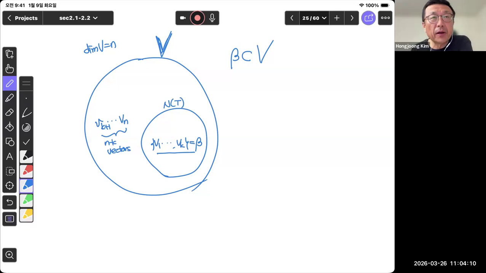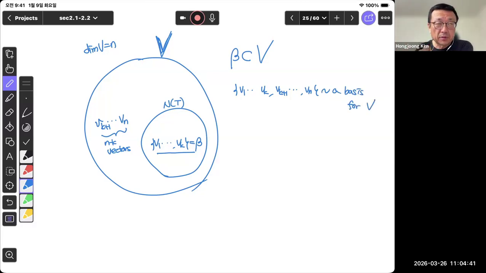outside of the null space, right? They cannot be inside of N of T, because in that case, the dimension will not be k. So we can find those n minus k vectors so that this v1 up to vk and the extension v sub k plus 1 up to vn will be a basis for V space.